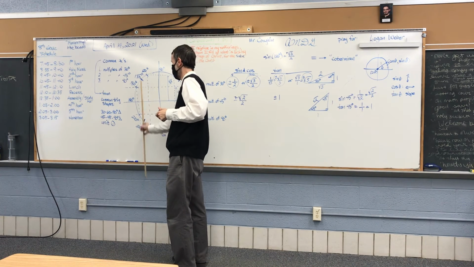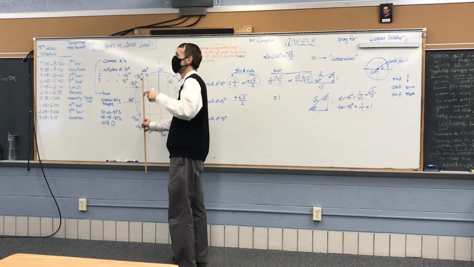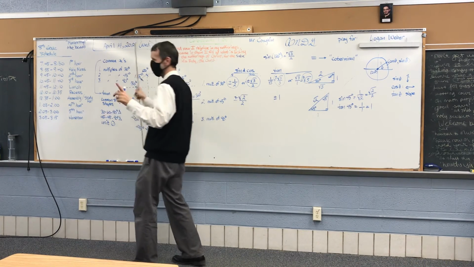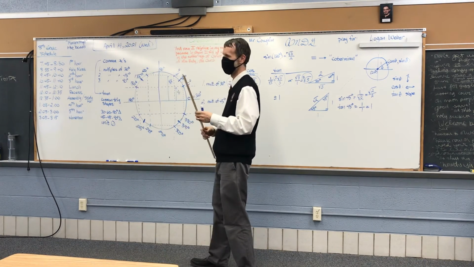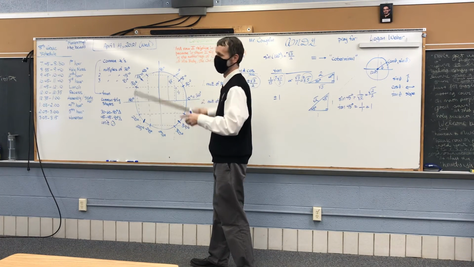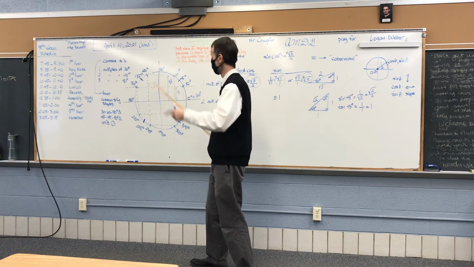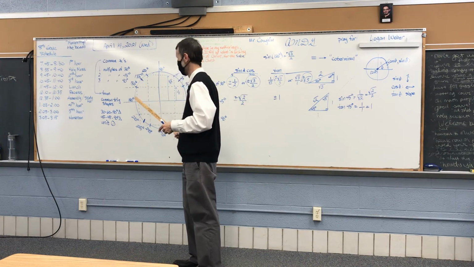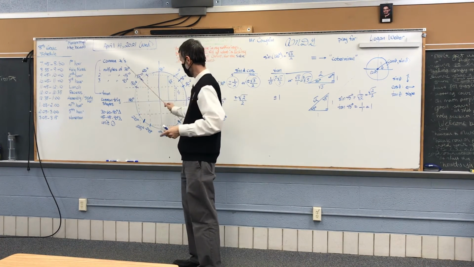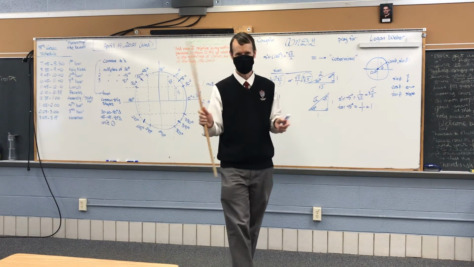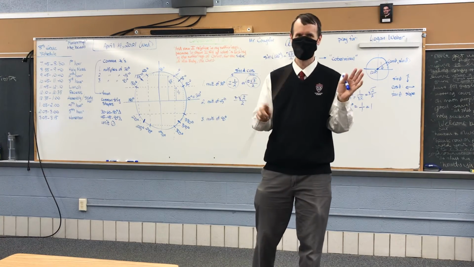Sine is height. So there's one option, but is it positive or negative for sine? Oh, it's positive. Good. Radical 2 over 2. And then what's the cosine? Negative radical 2 over 2. What's this tangent? Negative 1. Nice. See how this works?